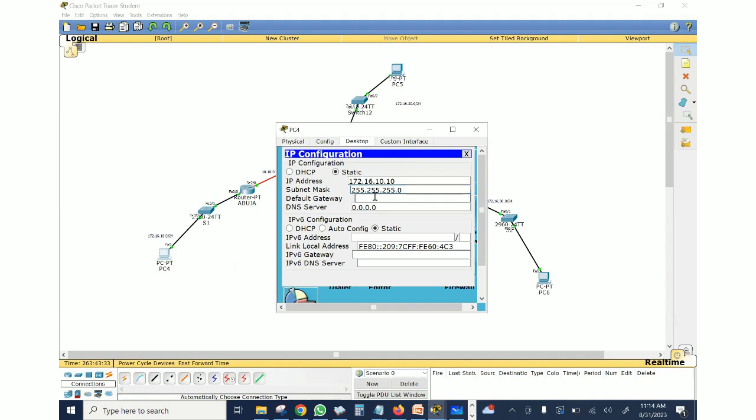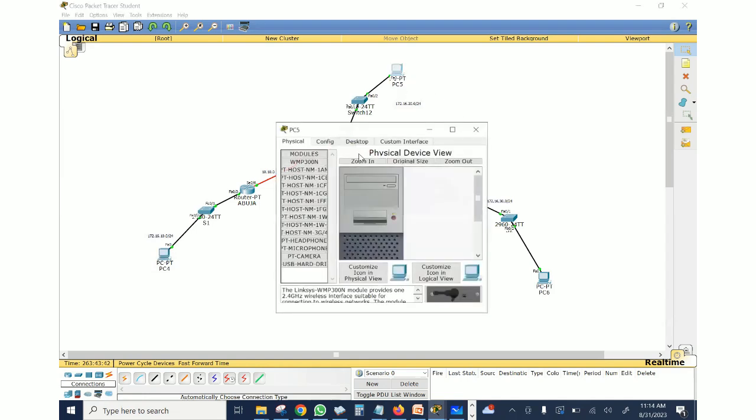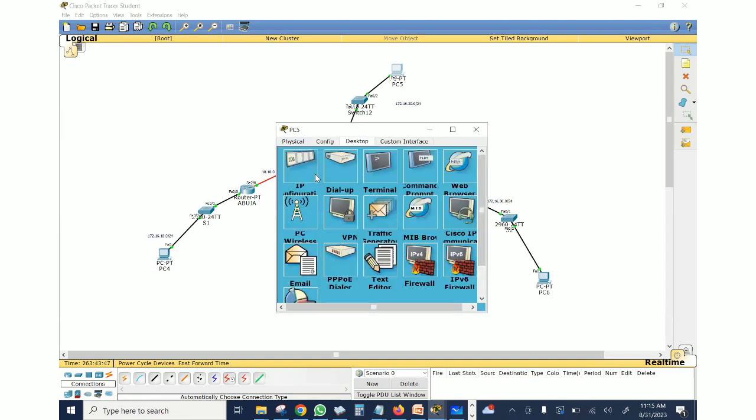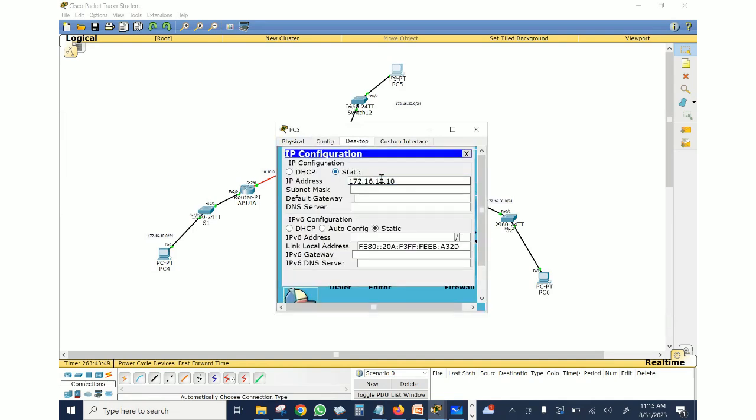Let's put the default gateway, 172.16.10.1. Let's assign an IP address for this host too. This one is on the .20 network, 172.16.20.10.